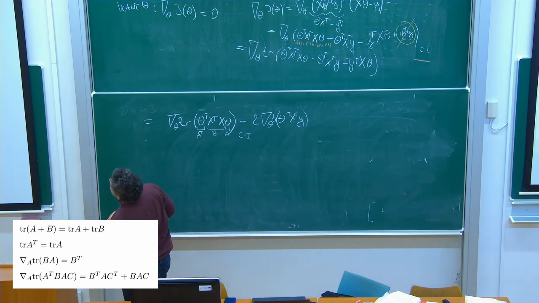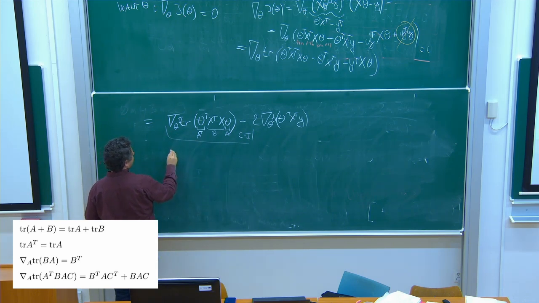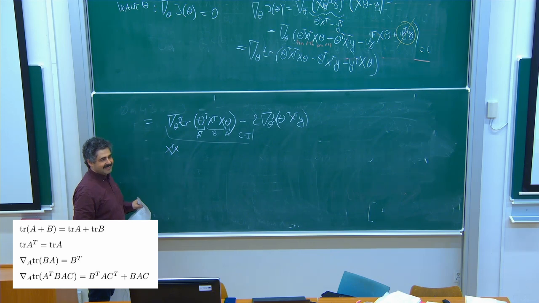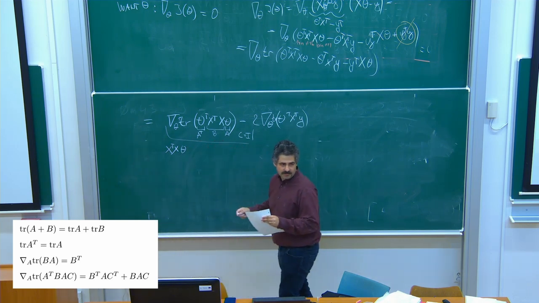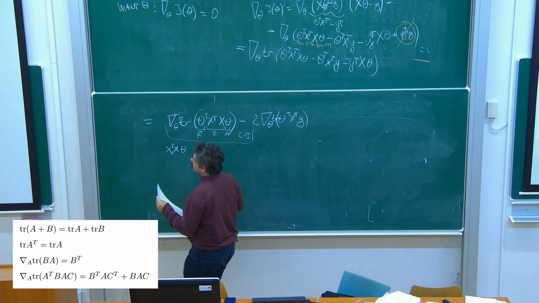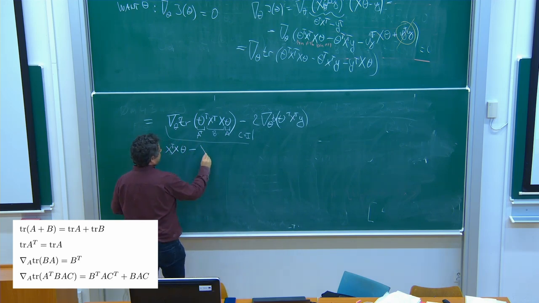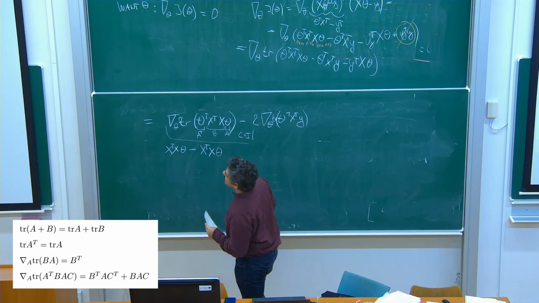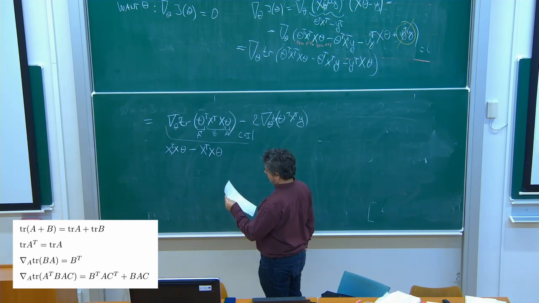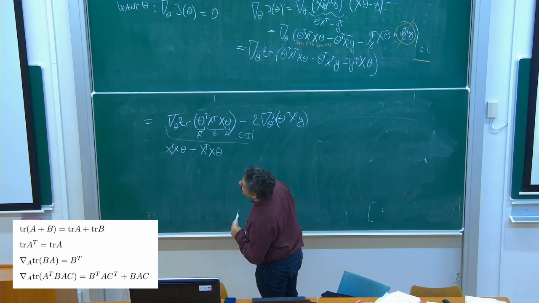This particular thing should be B transpose, so it's X transpose X times A, which is times theta, times C transpose, which is identity, so I don't need to even write it down, minus B times X transpose X, A, this is theta, A plus.